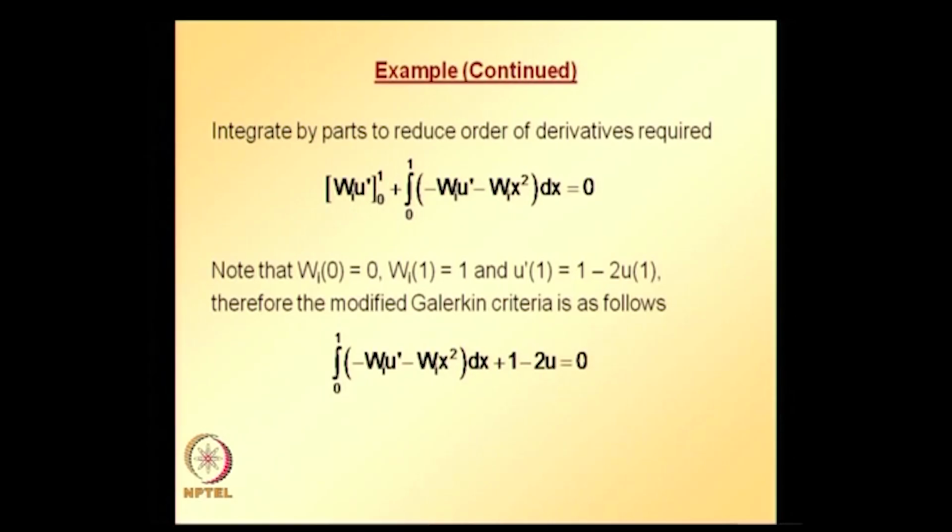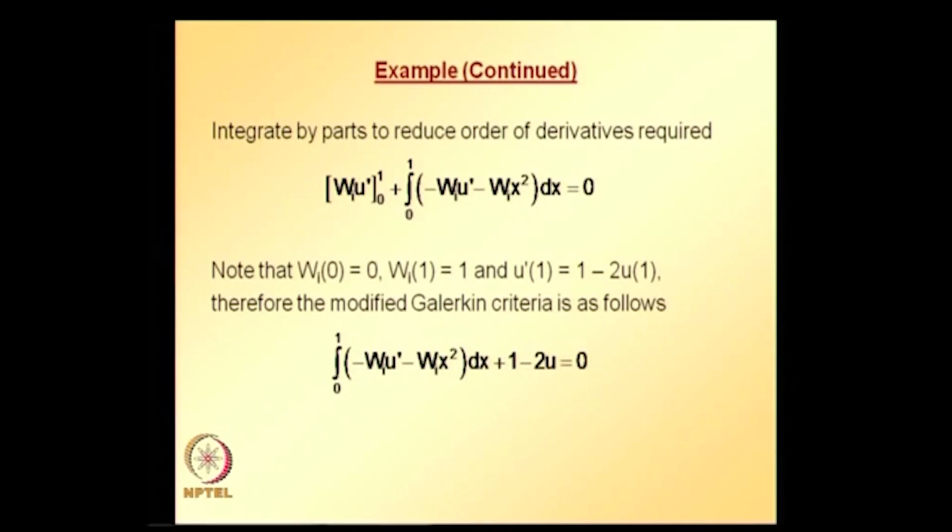Both are functions of x, so I am writing Wi, where i takes values 1 and 2. Both W1 and W2 evaluated at x equal to 0 are 0, and Wi evaluated at x equal to 1 is equal to 1, and the natural boundary condition is already given in the problem statement. So that is reproduced here.